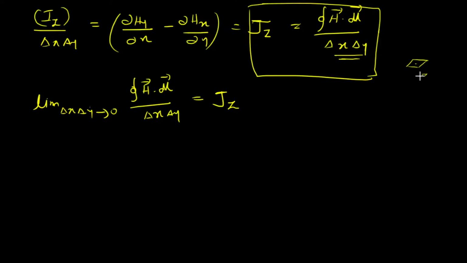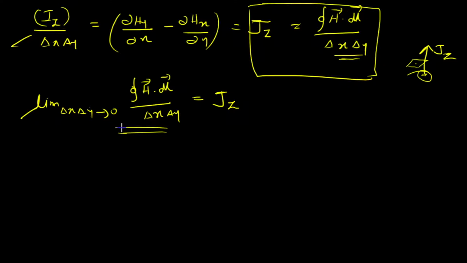It is reducing something like this, which is very small. So if you can calculate the current density at that very small area, I can calculate it as ∂Hy/∂x minus ∂Hx/∂y. In the sense, both are true. But I am interested in very small area or a point, so I will be applying this equation.